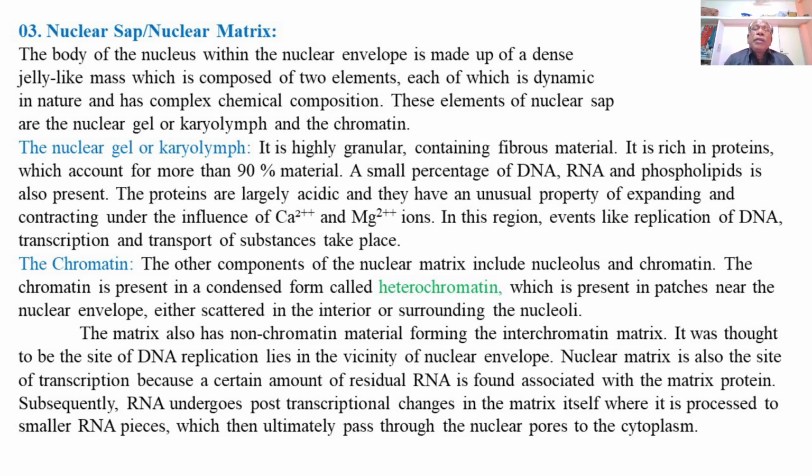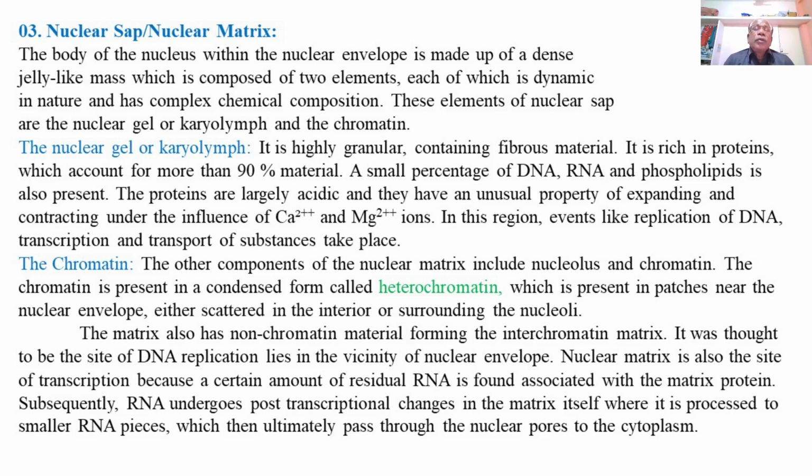So the two elements of the nucleoplasm or nuclear sap are the nuclear gel, a dense jelly-like substance composed of a number of substances, either dissolved or suspended, organic or inorganic, occurring in the nuclear matrix, and the important solid components, the chromosomes, which are also present in the nucleoplasm. First we will explain the nuclear gel or karyolymph.